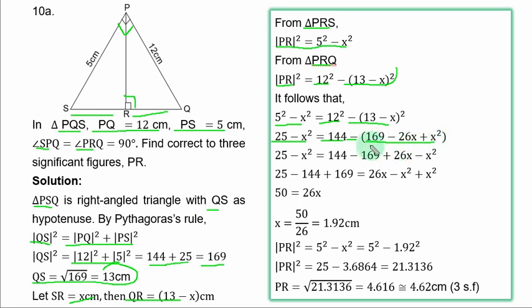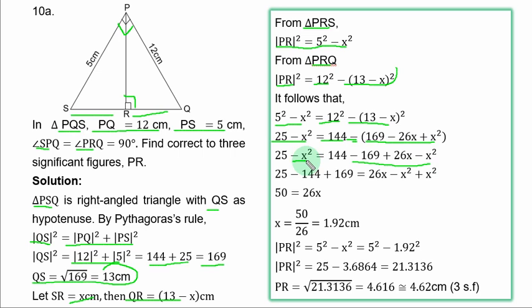You open the bracket with this minus sign and you have this result, minus 169 plus 26x minus x squared. Clearly, if you move all the x squares to one side, it becomes 0.